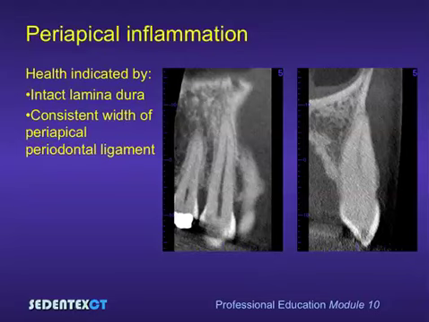Another common diagnostic task is to assess periapical inflammation. We're familiar from 2-dimensional radiographs that health is indicated by an intact lamina dura and a consistent width of the periapical periodontal ligament. We can see that here on this canine tooth in the upper jaw.